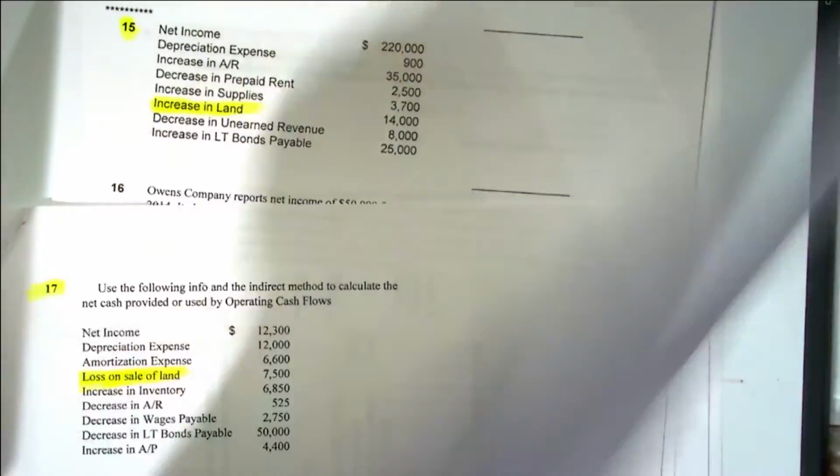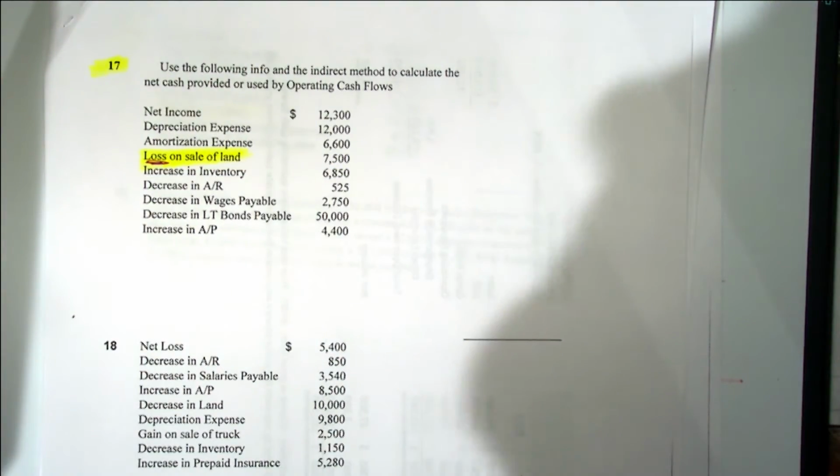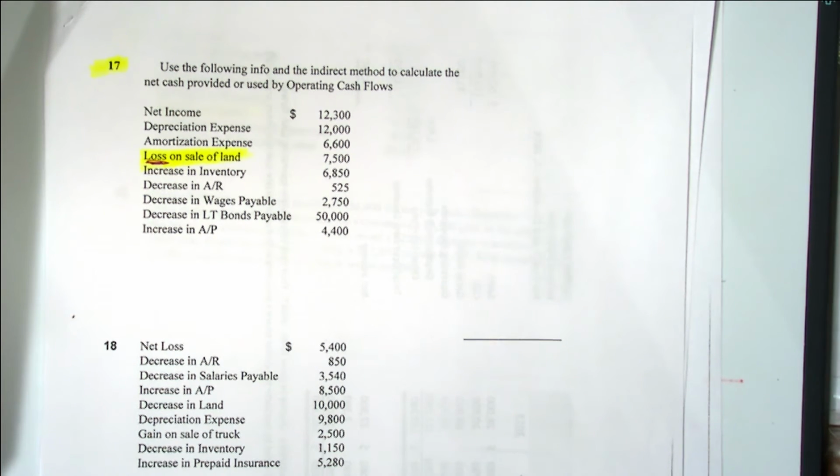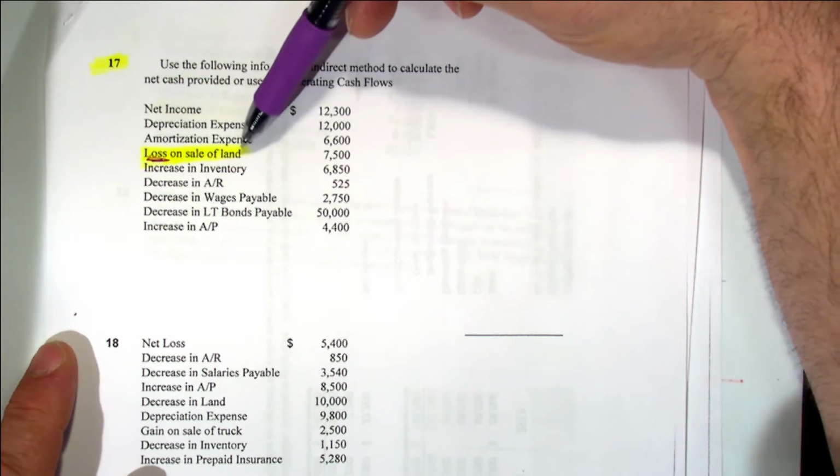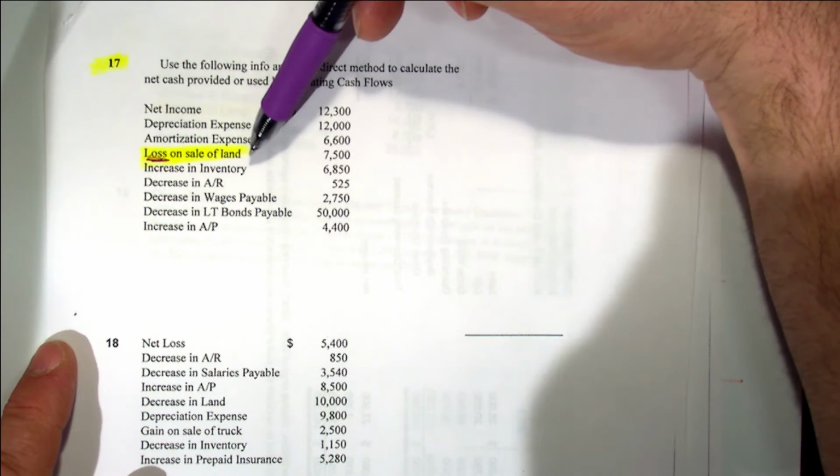Now I want to contrast that with number 17. On number 17, we have a loss on the sale of land. Do we add that to net income in calculating operating cash flows? Yes, we do. But every now and then I have somebody say, wait a minute, I didn't analyze that loss because it's on land, and land is non-current.